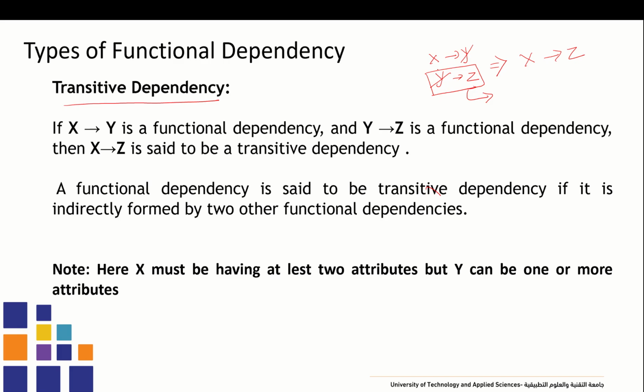There is also another definition for that: the left side will be a non-key. So this is a non-key attribute in the transitivity dependency. This is the definition for transitivity dependency.